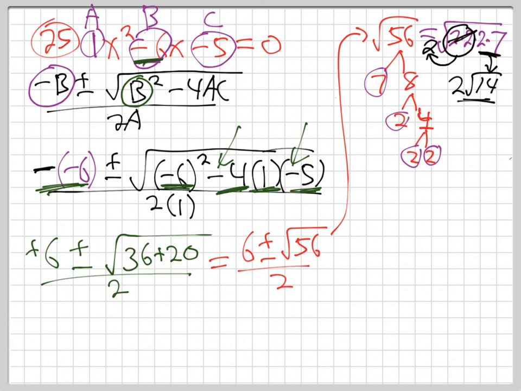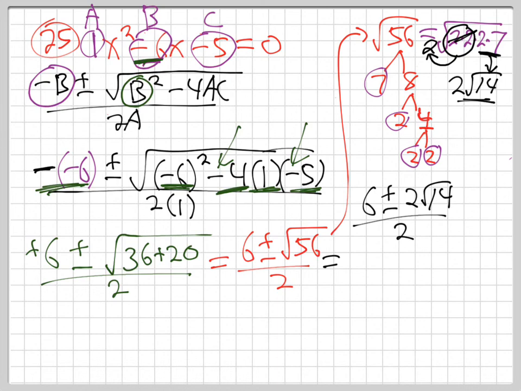Everybody seeing that? See what happened there? You got to break apart that 56 into all its little primes that won't break down anymore. And then 2 for 1, ship it out. So it's 2 root 14. So this becomes 6 plus or minus 2 root 14 over 2, right? The root 56 became 2 root 14. How are we doing? We good there?